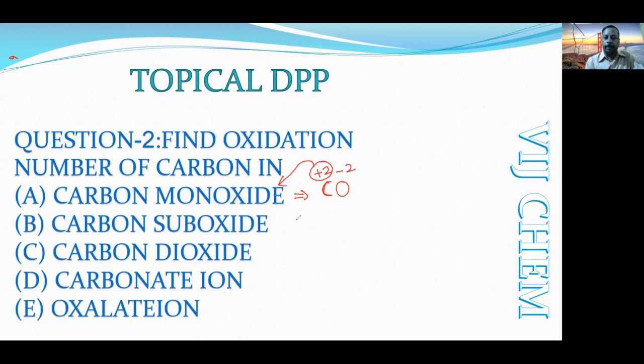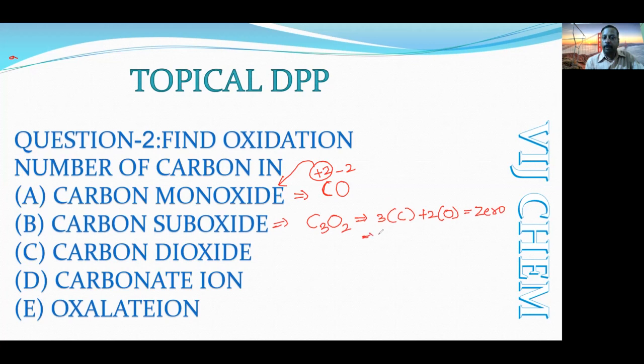Okay, carbon suboxide. Carbon suboxide will be C3O2. What is the formula? C3O2. So as per the neutral molecule trick, 3 into carbon plus 2 into oxygen, the sum must be equal to 0.